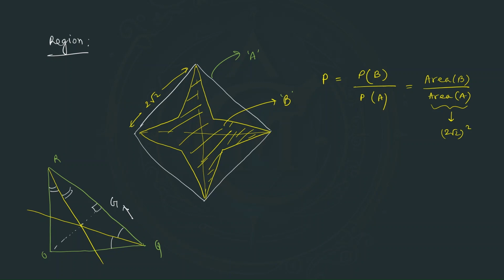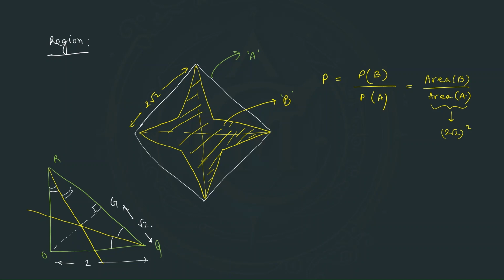So this distance will be 2 root 2 by 2, so root 2. And this distance is basically half of the length of the diagonal, and the length of the diagonal is 4 units, so it will be 2 units. Now we know that the angle bisector of an angle divides the opposite side in the ratio of the adjacent sides.